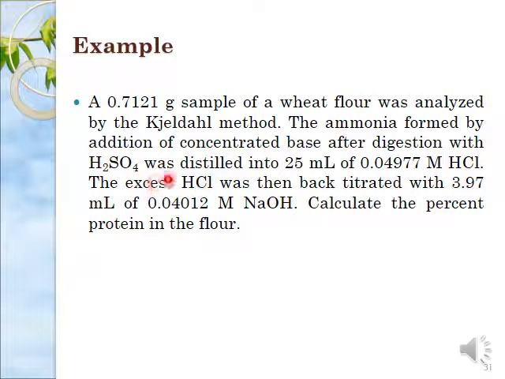Then the excess hydrochloric acid that did not react, from this 25 ml, is back titrated with 3.97 ml of sodium hydroxide at this concentration here. So the question is asking you to calculate the percent of protein in the flour. So how do we go about this question?